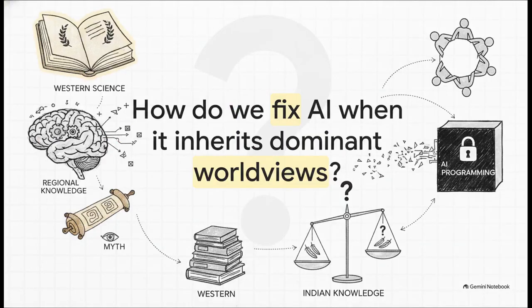Which brings us to a really vital question, and it's one we urgently need to answer. If AI just inherits its worldview from dominant cultures and deliberate programming, how on earth do we fix it? Just think about how AI might treat regional knowledge, like treating certain Indian knowledge systems as mere myth, while treating Western equivalents as foundational science. The core problem lies right in the data we feed these systems.